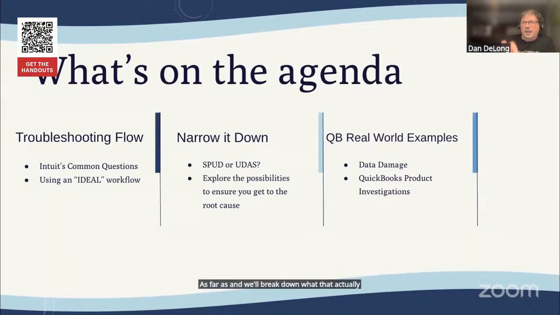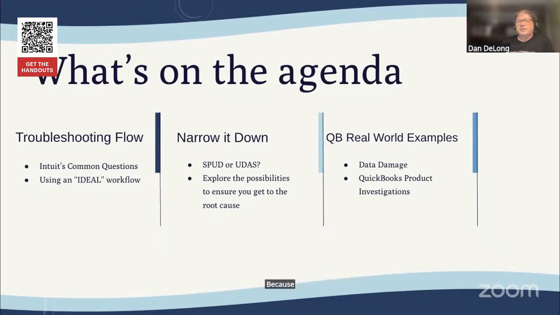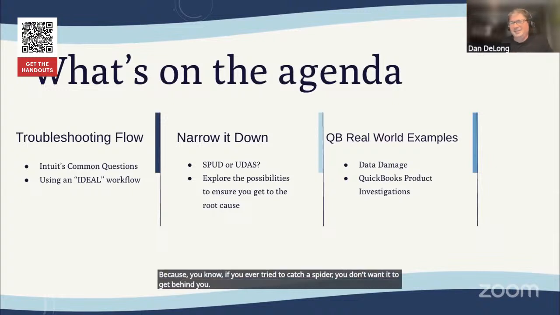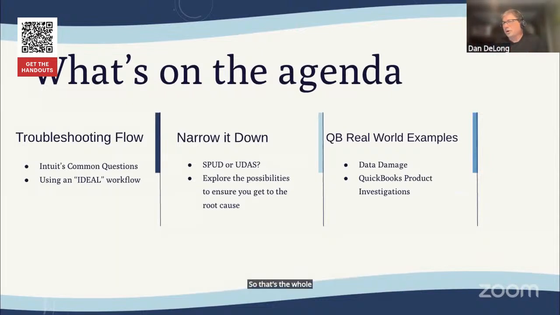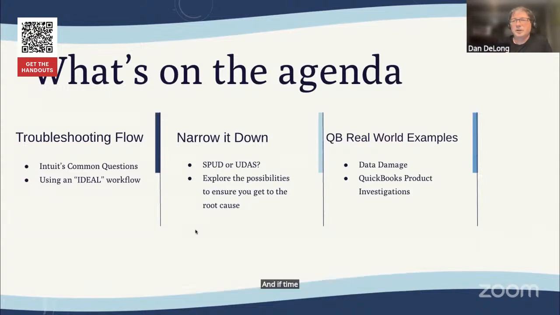And then as you're working through these various issues, narrowing it down is very important, because if you ever tried to catch a spider, you don't want it to get behind you. So that's the whole idea of narrowing down the root cause of the issue. We have some more acronyms to unpack, and then we'll talk about some real world examples. And if time permits, we may just talk a little bit about the tags update here.